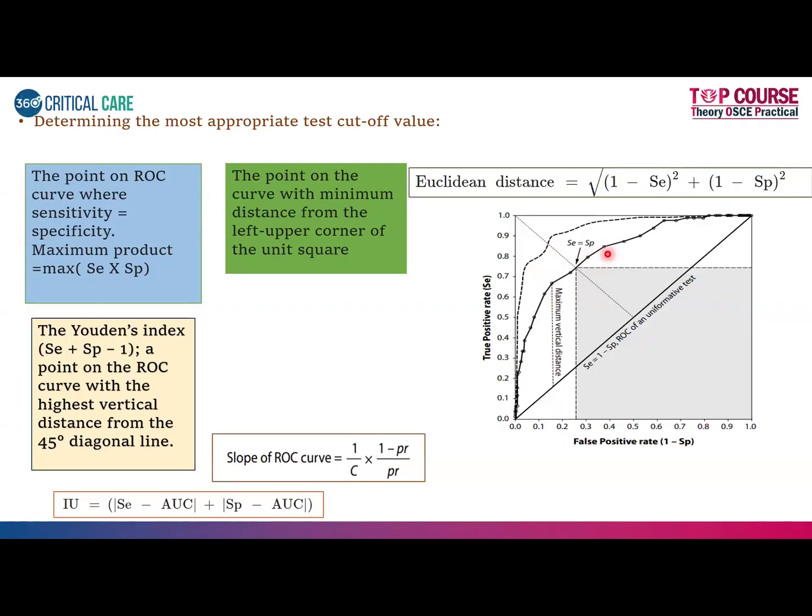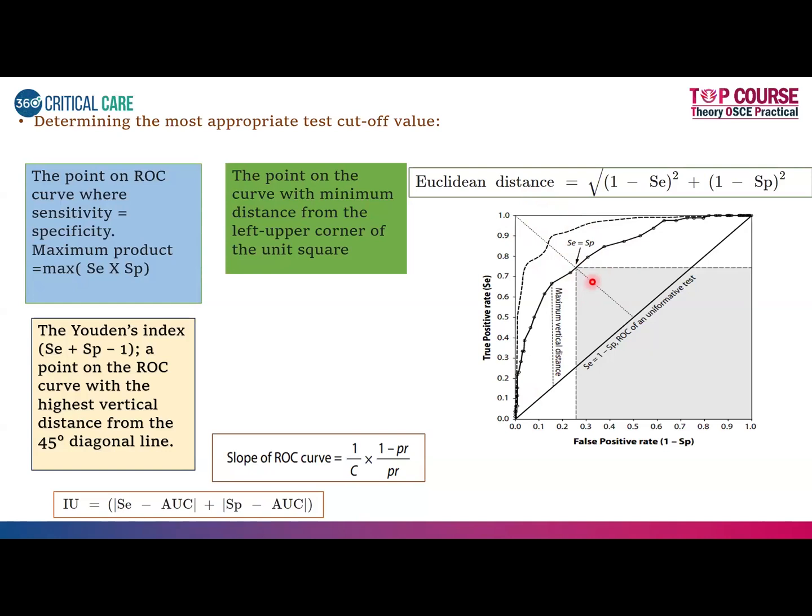So this states the best cutoff. Apart from that, there are other parameters available to determine the cutoff value. You do not need to know them, as long as you know that a perpendicular is drawn from the high sensitivity point to the ROC curve. This is the point of best cutoff.